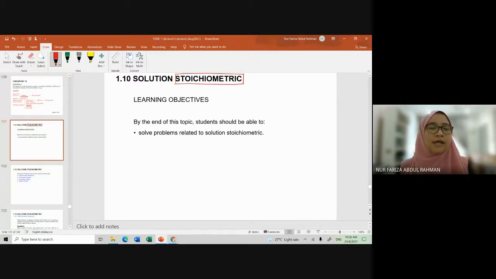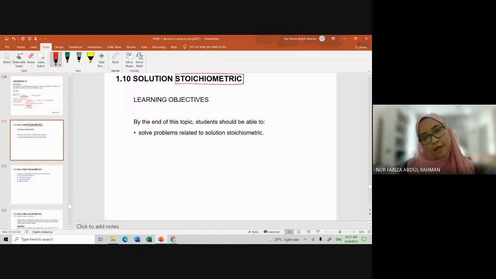We are trying to highlight the terms of limiting reactant itself. But the reaction can involve a combination of all the states. It can involve gas, solid, and solution. So solution stoichiometry is just to highlight that some reactions may involve solution in it. Itu sahaja. Nothing new, itu sahaja.